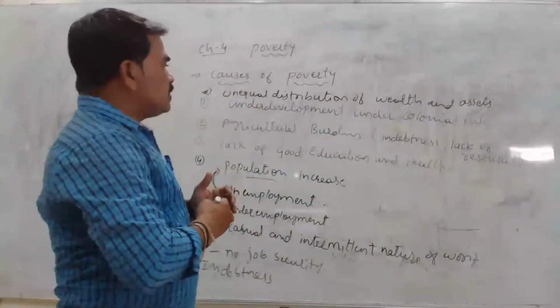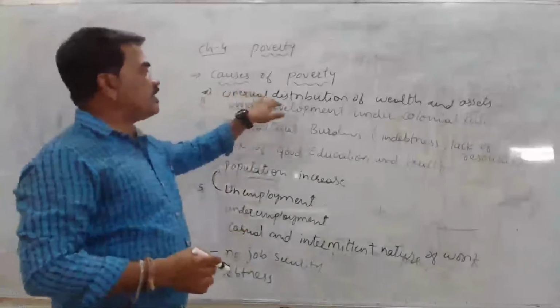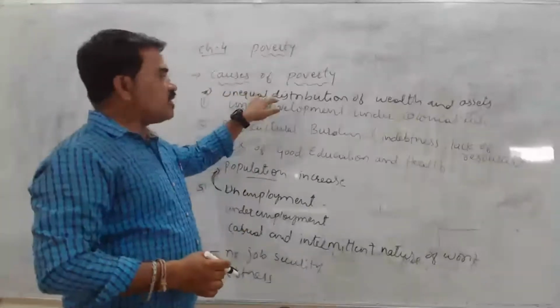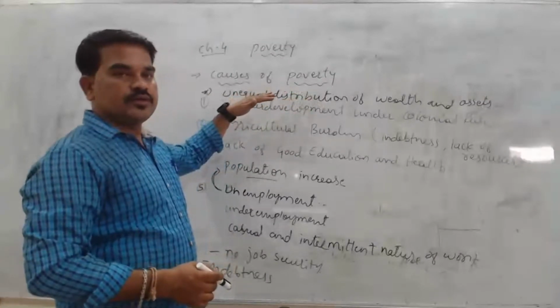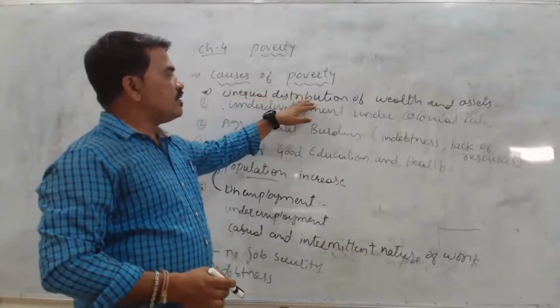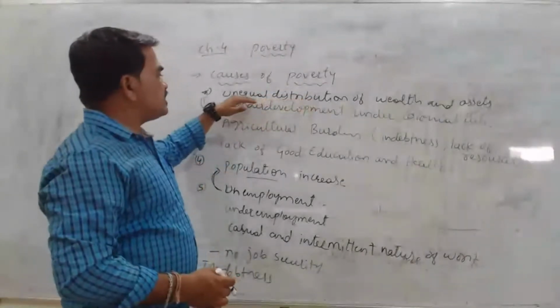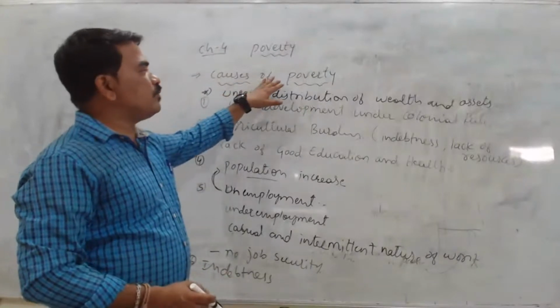See, under land reforms, when they started distributing land, all the poor people didn't get an equal distribution. Even the government failed in that. So that is why they face this unequal distribution of wealth and assets. That again led to poverty.